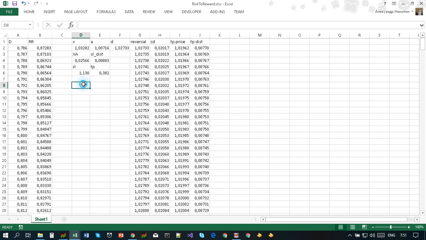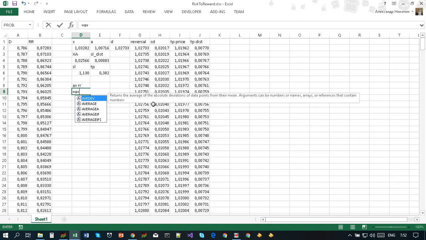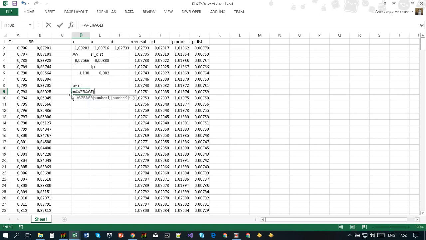So let's calculate the average risk to reward. Why not? I will do it very simply. I will use the formula average. So what is the range? This is the range. That's it. So your average risk to reward is 0.56.